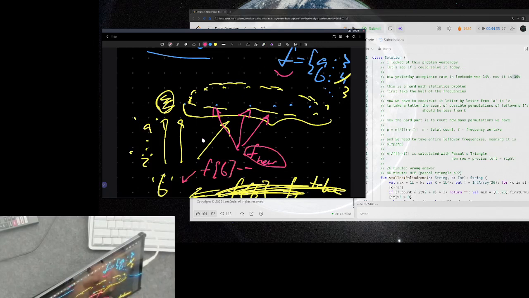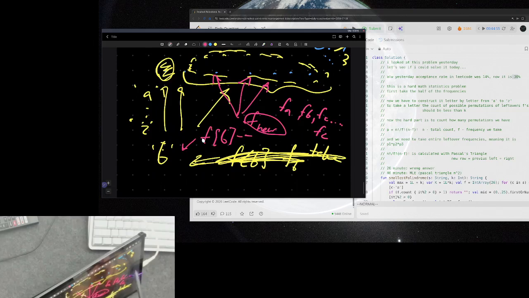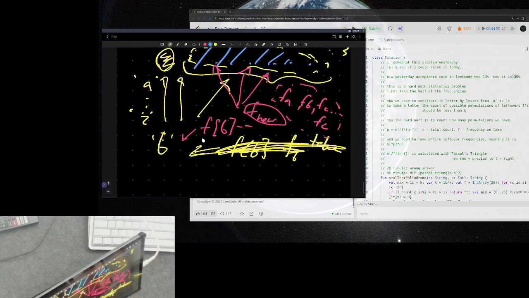So we have fa, fb, fc, and so on up to fz, and we have to compute how many permutations we have if we take each letter one by one for this entire suffix. And the formula is that we're taking fa.